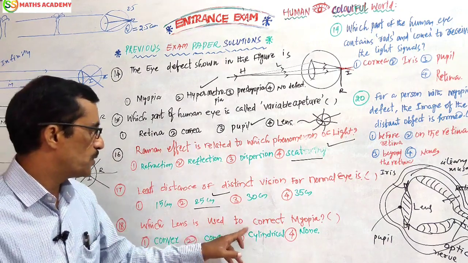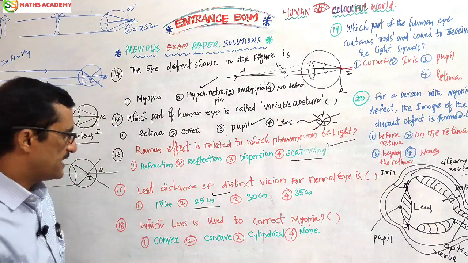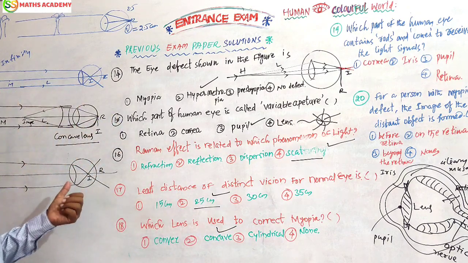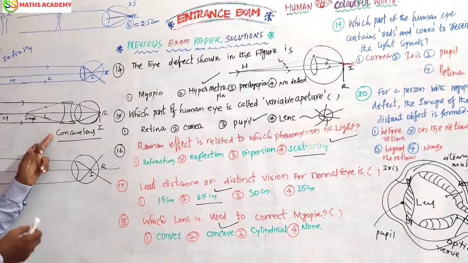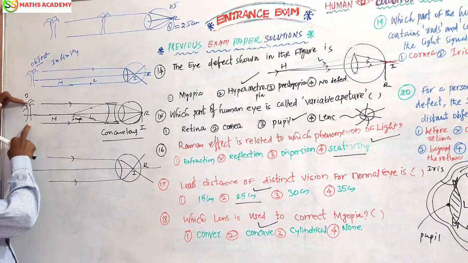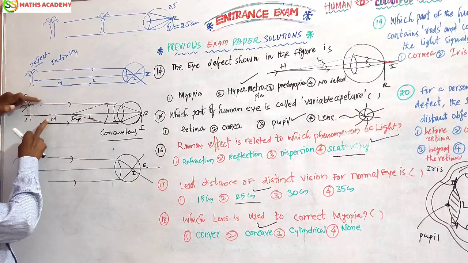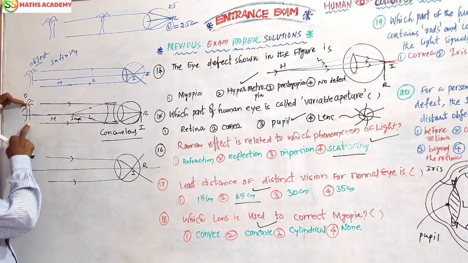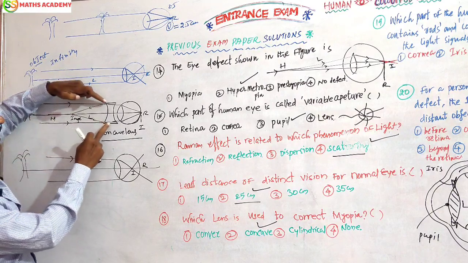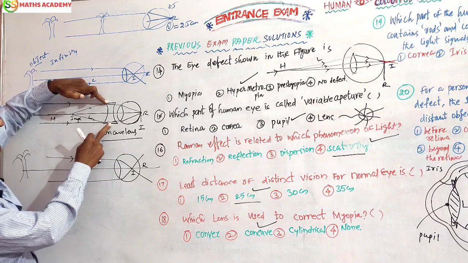Which lens is used to correct myopia? That is the concave lens. What is that, children? Concave lens. You see one example. Why are we using a concave lens? The object is at a very far distance. The light rays coming from this object fall on the concave lens.